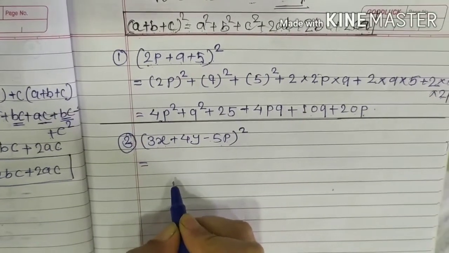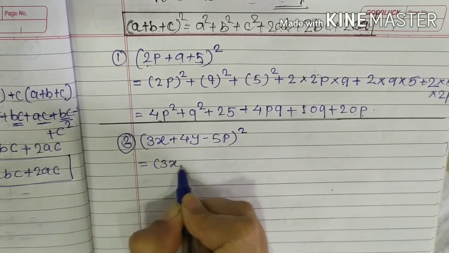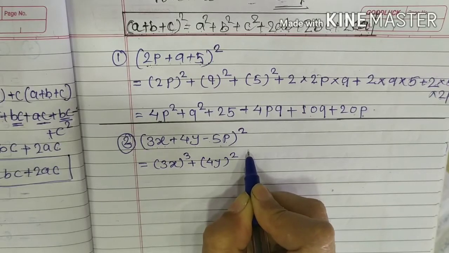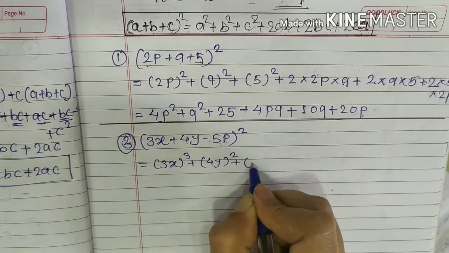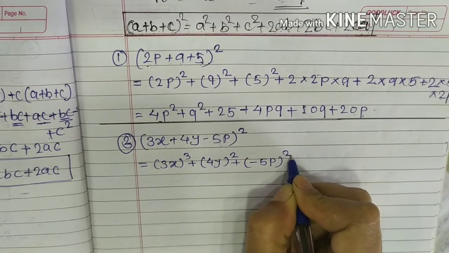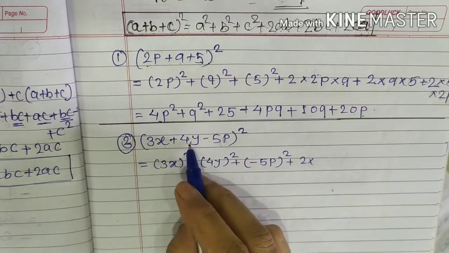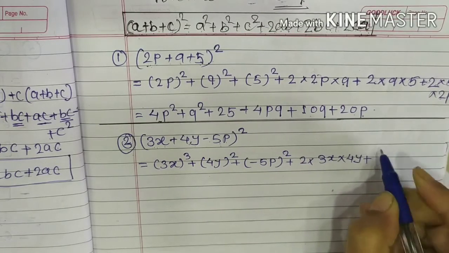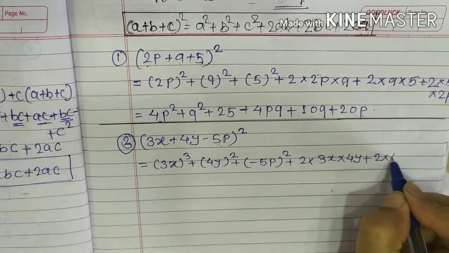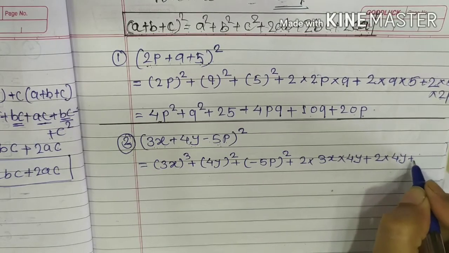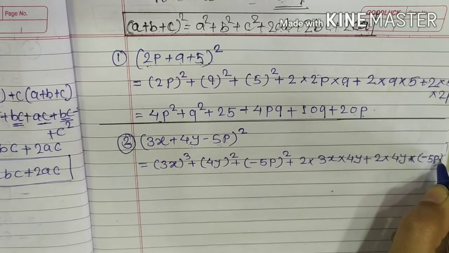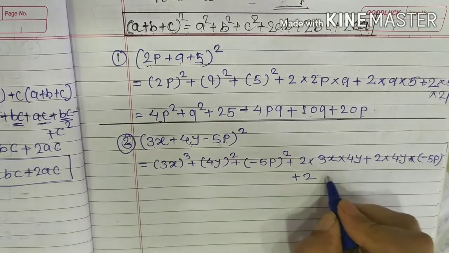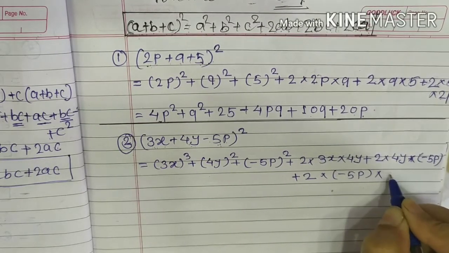In the first step, square of 3x, plus square of 4y, that is the second term, plus here is a minus sign, hence (−5p) square, plus 2 into first and second term, 3x into 4y, plus 2 into second and third, 4y into −5p, plus 2 into third and first term, −5p into 3x.